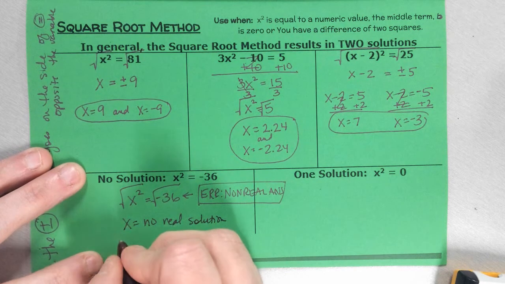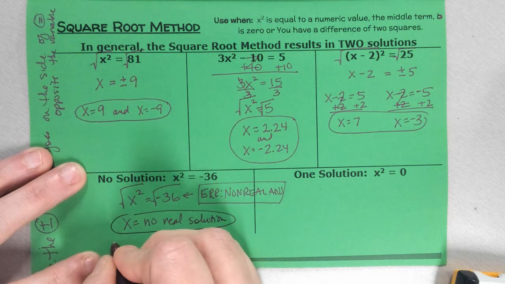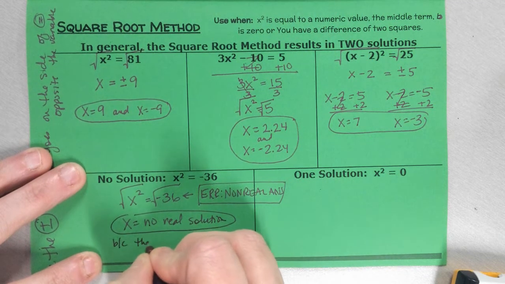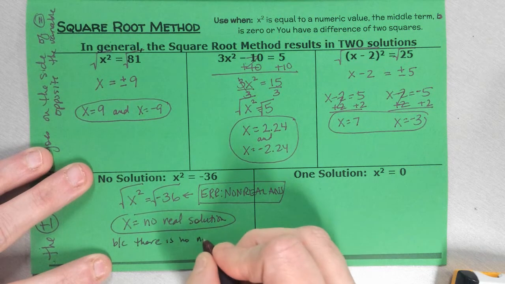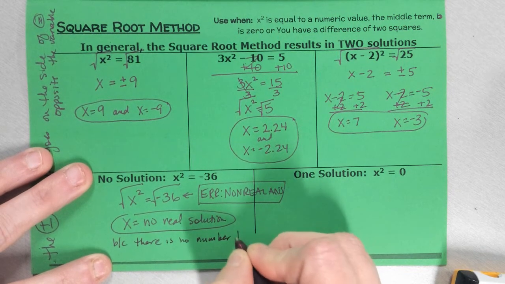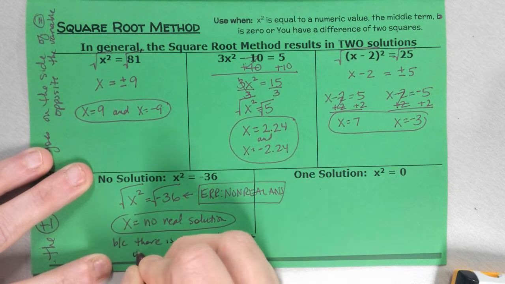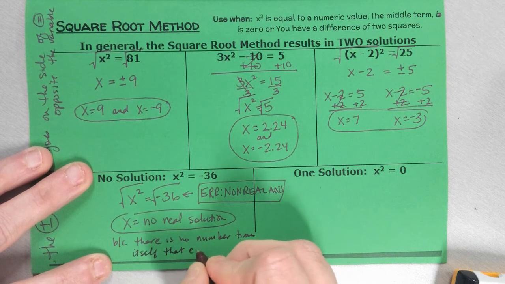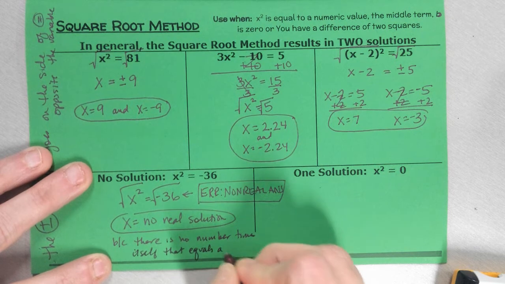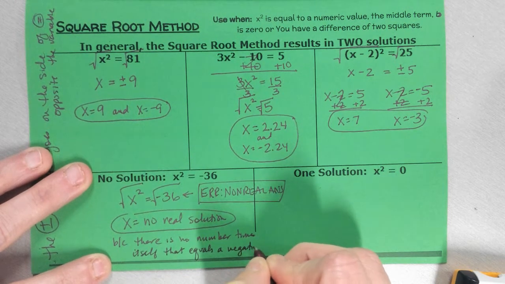Why? Because there is no number times itself that equals a negative. Okay?